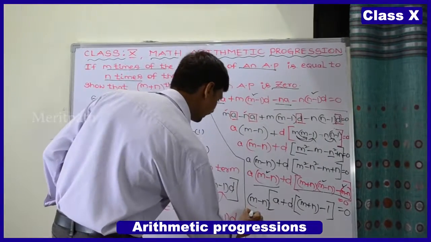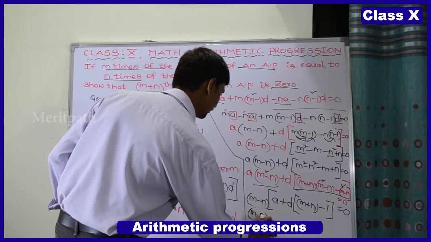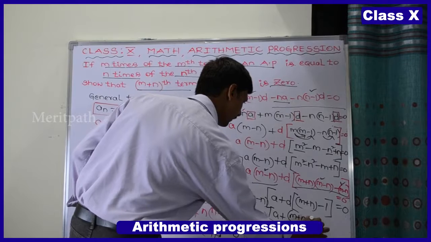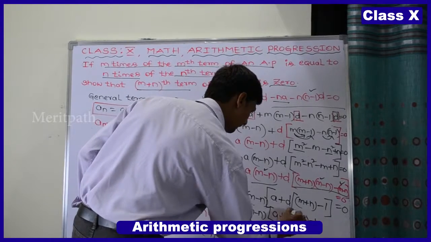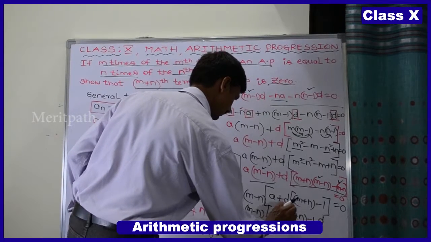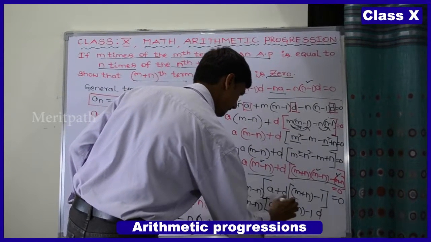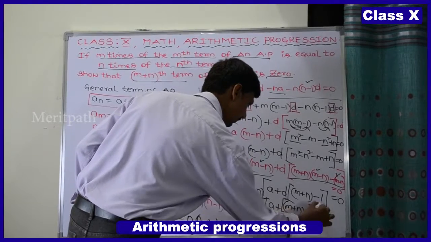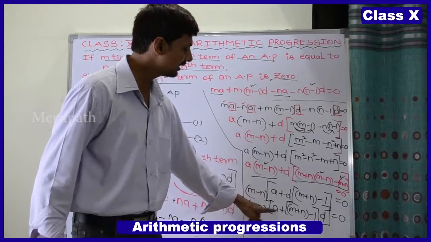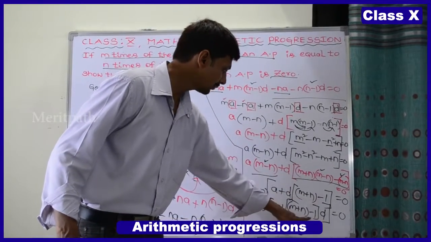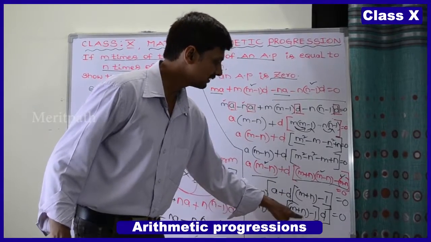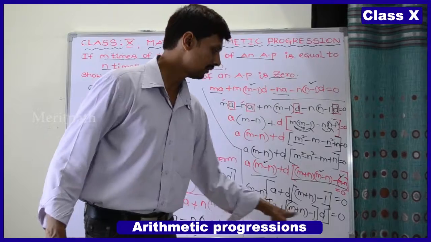So this can be written as M minus N into A plus M plus N minus 1 into D equals to 0. This is D separate from M plus N minus 1, and this is the product of these two.